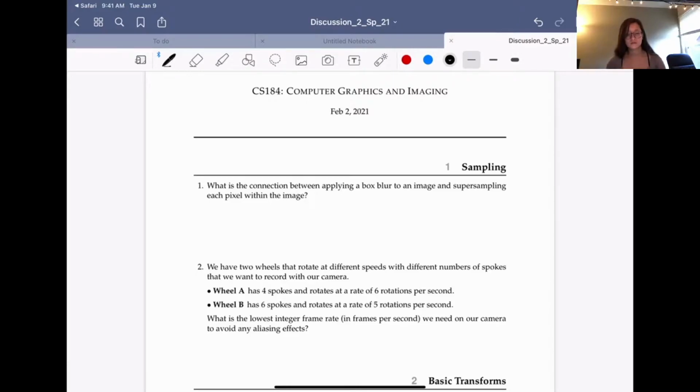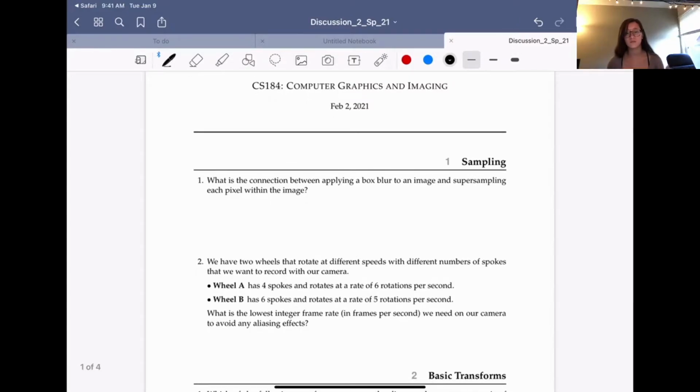So in fact, applying a 1 pixel box blur is equivalent to super sampling on each pixel. So say you have some box blur that is of size x by x. What you're doing here when you apply it to an image is you take these x by x samples of some area of your image.